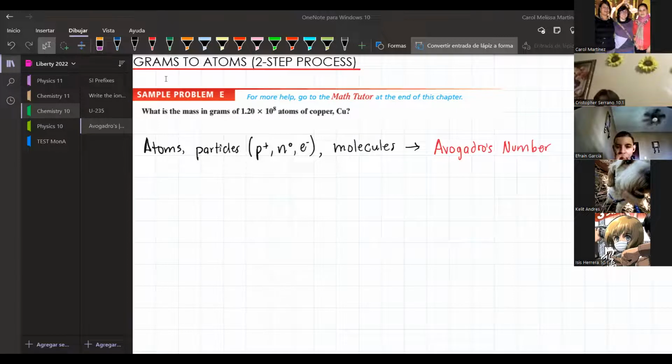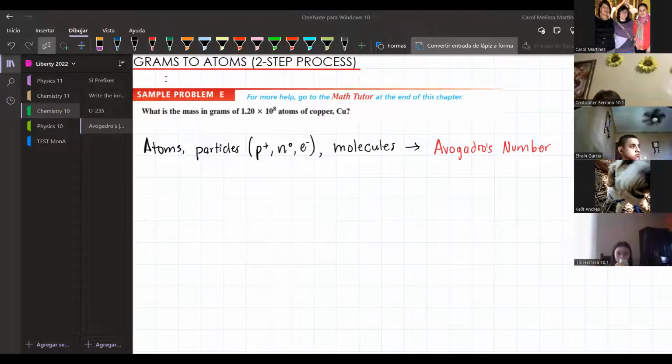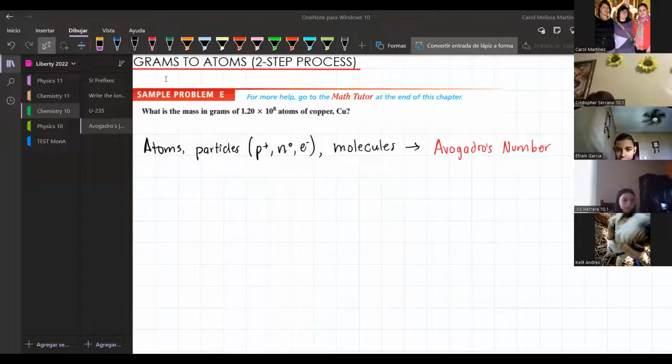Avogadro's number is a conversion factor, it's an equivalence, okay? So that equivalence is 1 mole of a substance is going to be equal to Avogadro's number, which is this number that you're gonna see, 6.022 times 10 to the 23rd power.